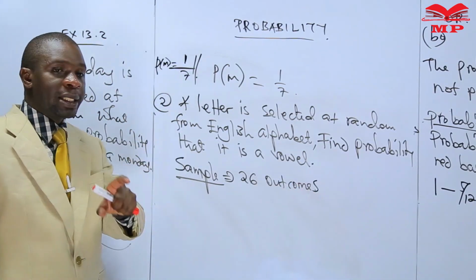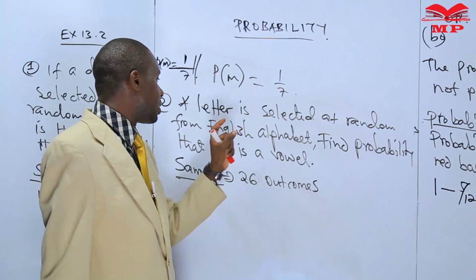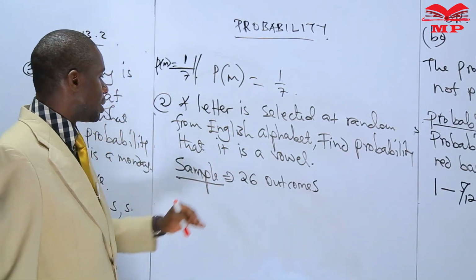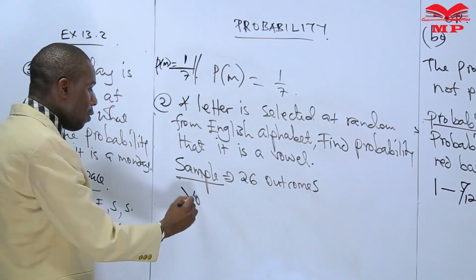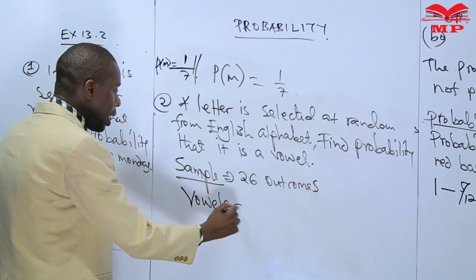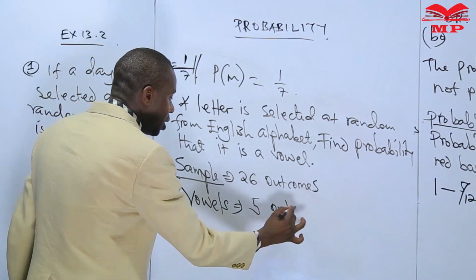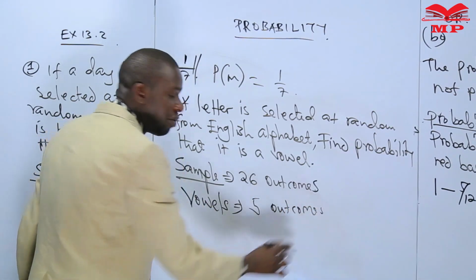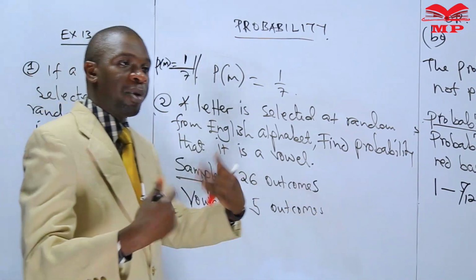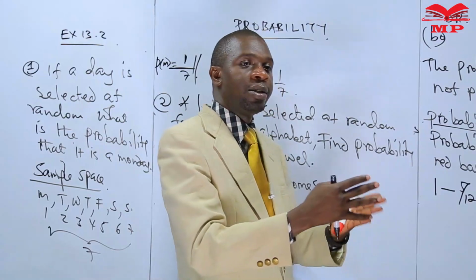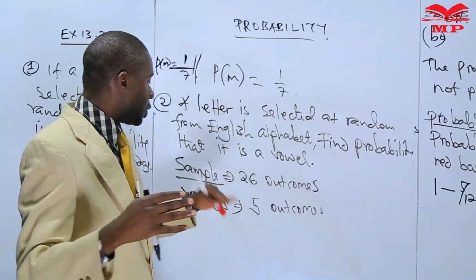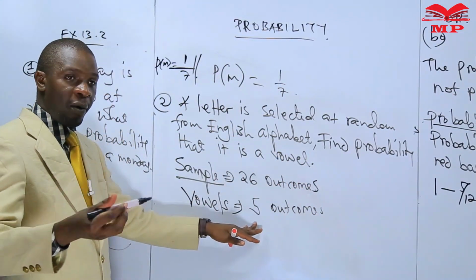But how many letters represent vowels? So vowels are actually five outcomes. If you can remember your pre-primary, you can see A, E, I, O, U. So there are 5 vowels.